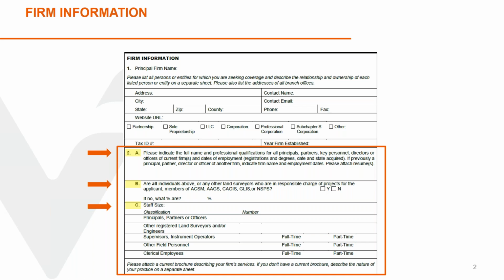Jeanine, did you want to talk a little bit about section 2B here? Sure. So this next question is inquiring if any key members of the firm are involved in any professional associations relating to land surveyors and the services they provide. I'd like to know this information because it represents that the firm is involved in their services and in their community and might be afforded more up-to-date and valuable information that these organizations can provide.